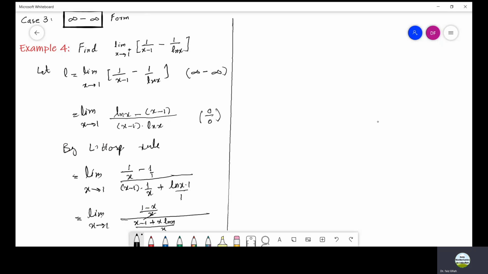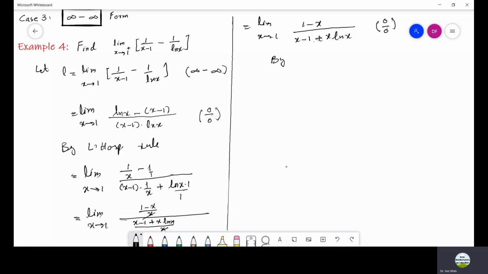And now we can see this x will cancel with this x, and we get the limit as x approaches 1 of 1 minus x divided by x minus 1 plus x ln x. Now again plug in x is equal to 1. So we have 0 by 0 form again.